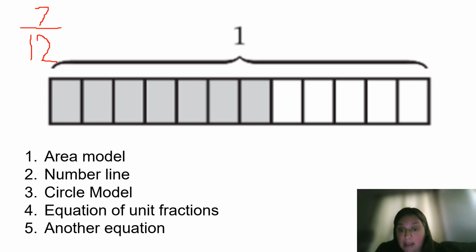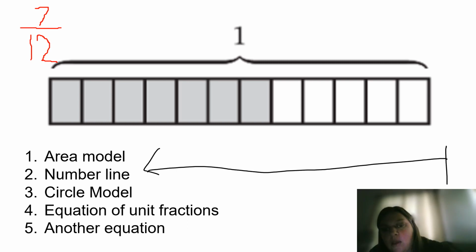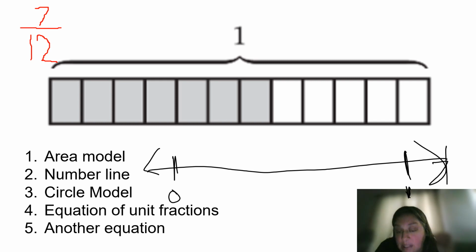Now we're going to make a number line. So we'll draw our number line. So on your whiteboard, get ready with your number line. We know, oops, it's gonna have an arrow. It starts at 0, and we need 1 whole because the number line represents 1 whole.